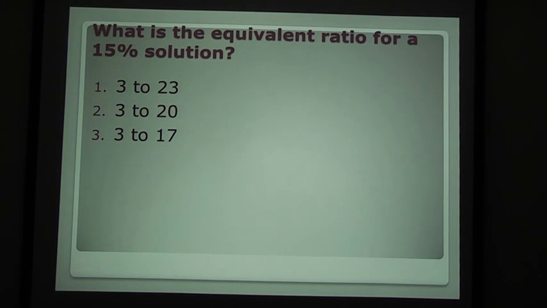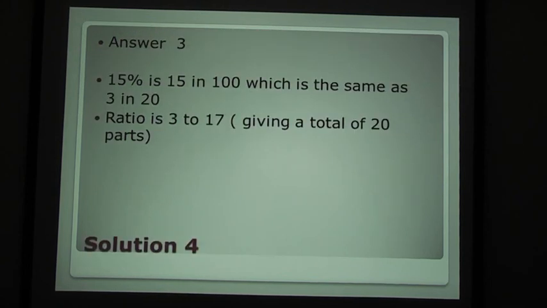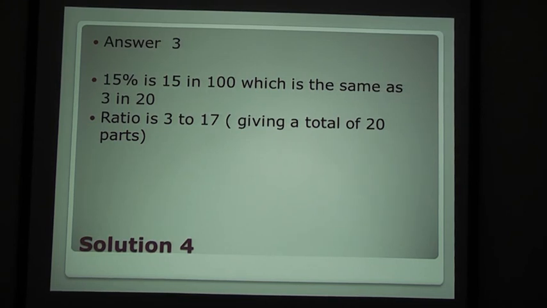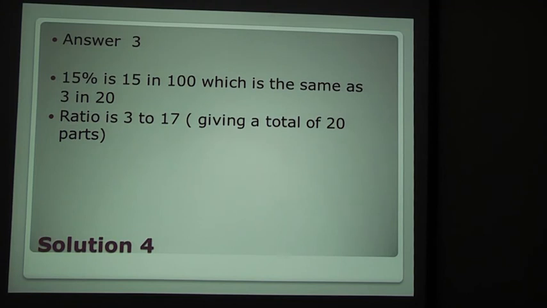What is the equivalent ratio for a 15% solution? 15% is 15 in 100, which means it is the same as 3 in 20. The answers, again, note, were in 'to' and not in 'in'. So the ratio, therefore, is 3 to 17, which would give you the total of 20 parts.